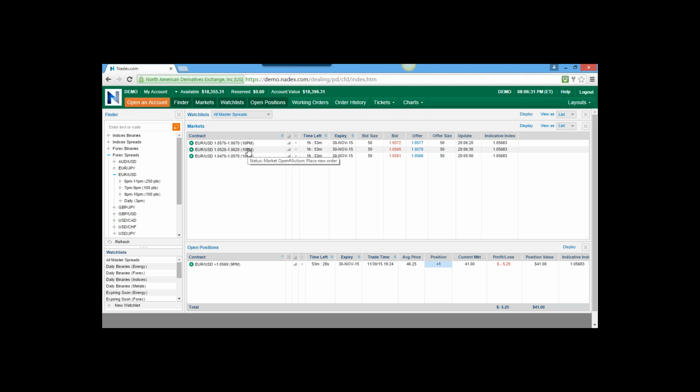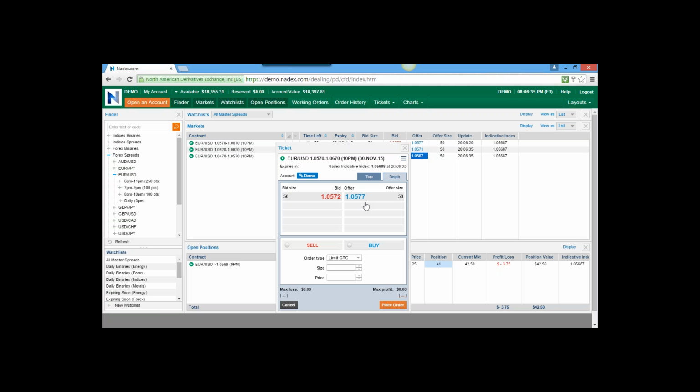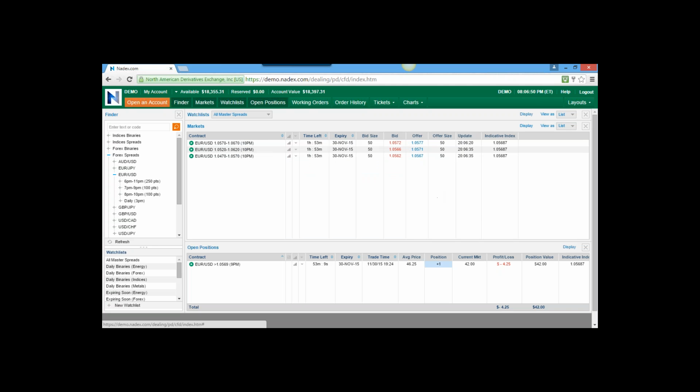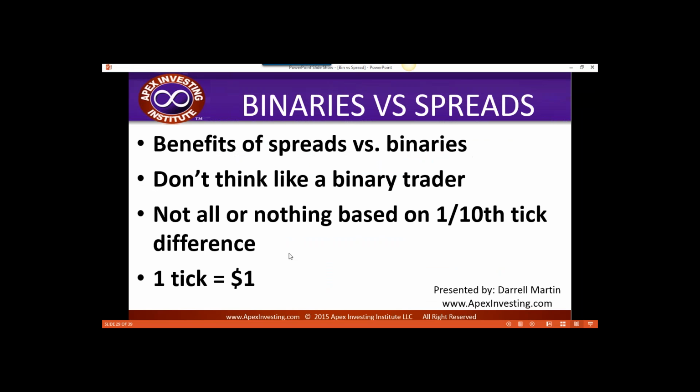You're not buying in right at where the market is. In exchange for that real low risk of $7, you're buying it at 0577. The market's at 0568. So the market has to move up to where you bought in for it to start moving. Okay, it's a little more advanced. I'll show you in a minute where you can get some info on that.